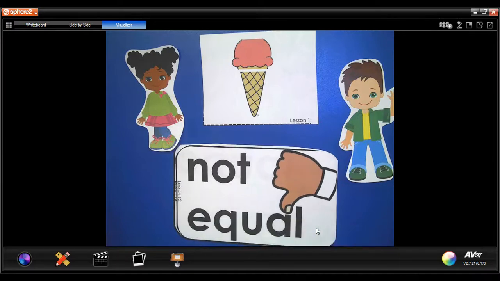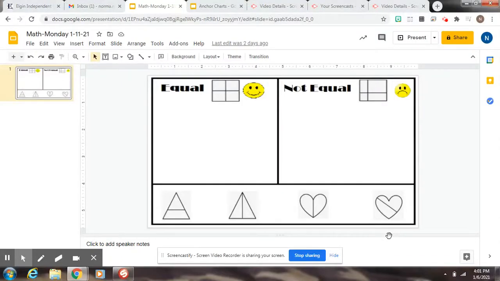Okay, so that was the activity for today. I hope you liked it. Now let me show you your homework. For today's homework, you're going to move these shapes to either the equal side or the not equal side. This is the equal side, and I put a little square here that is divided equally. Everybody has the same amount, and there's a happy face because everybody's happy.